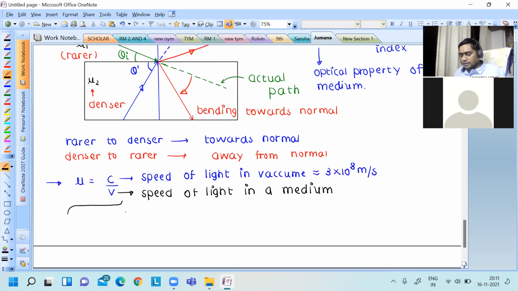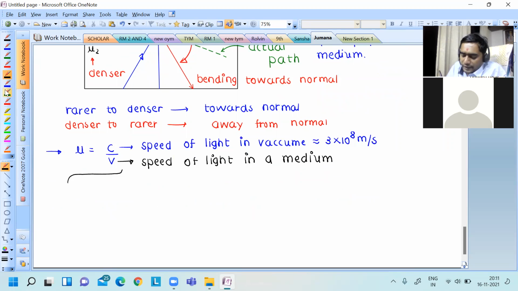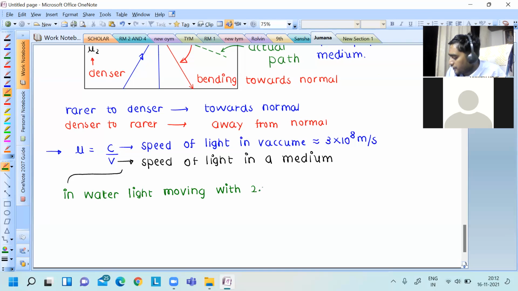I have one question for you: in water, light is moving with 2.25 times 10 to the power 8 meters per second speed.